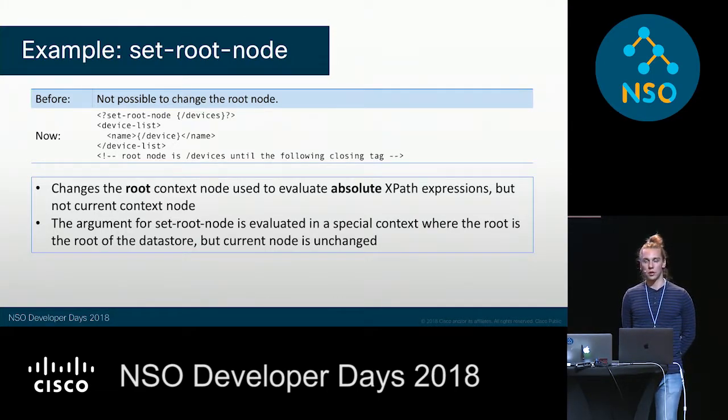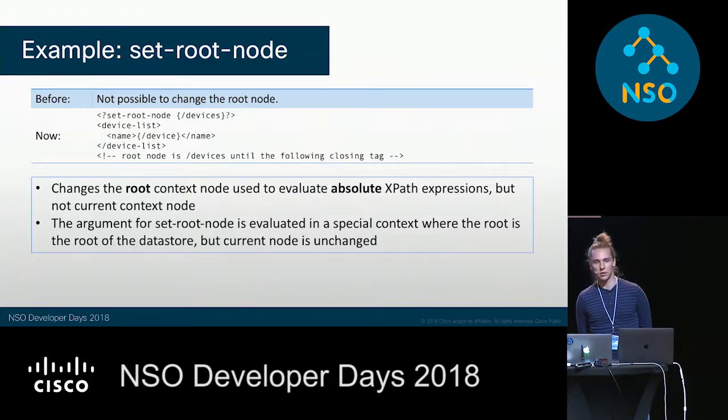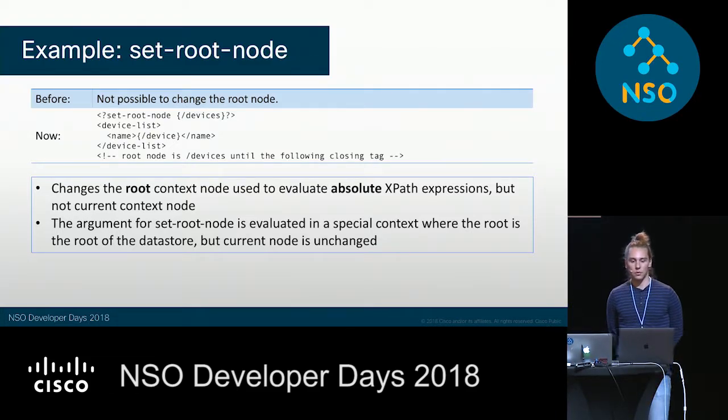We were kind of locked to the service tree. We started in a service template with a root node that was the service root, so we could not escape out of this. Now we can change the context to somewhere outside the service subtree.